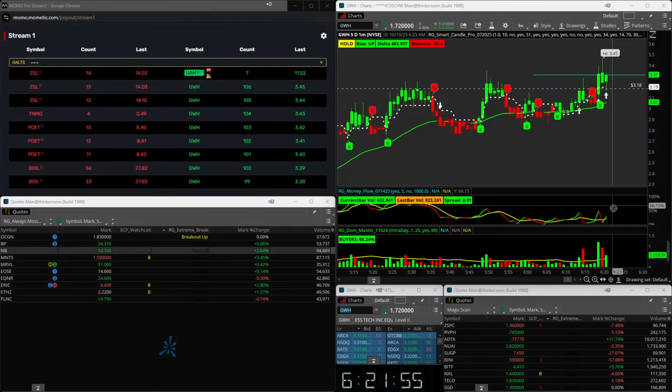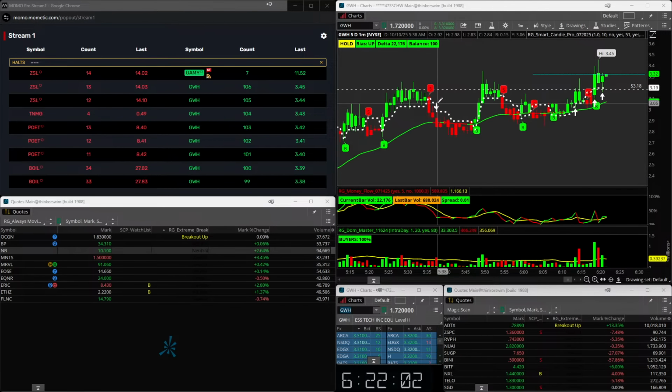UAMY. So I have two dotted lines up here. Are you talking about the horizontal one or this one here that's tracking the stock price?